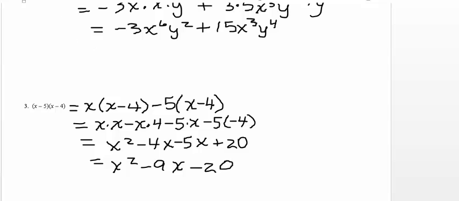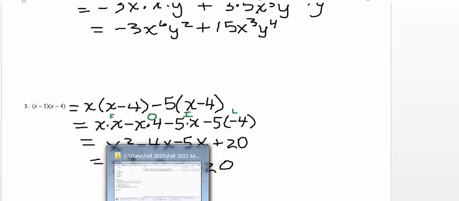And you may have noticed that these products that I computed were the product of the first terms, x times x, product of first, x times negative x times 4 is the product of the outside terms, negative 5 times x is the product of the inside terms, and negative 5 times negative 4 is the product of the last terms.